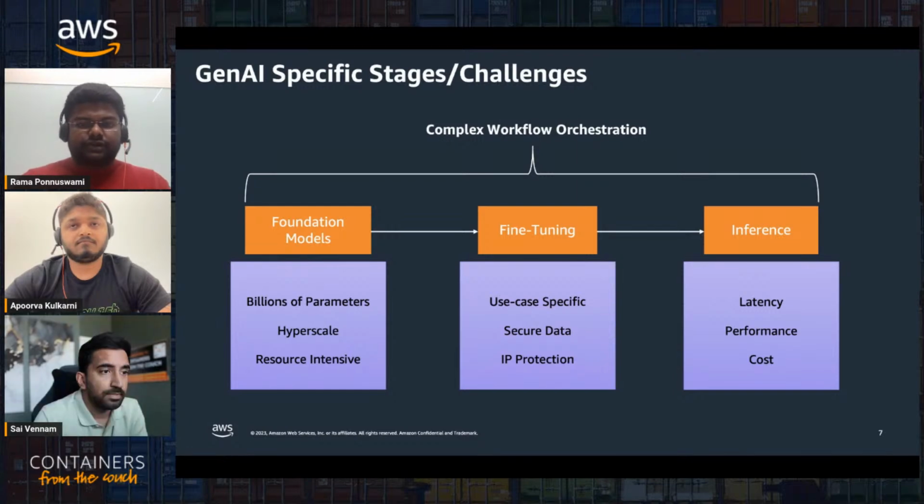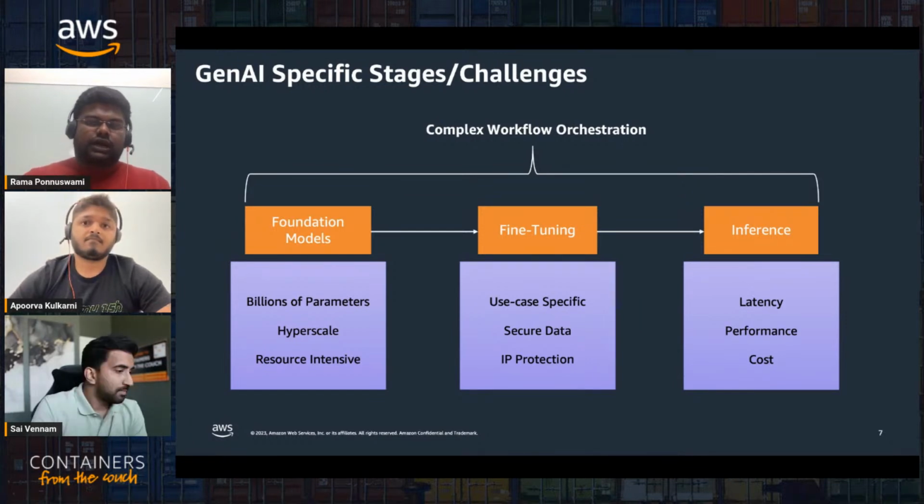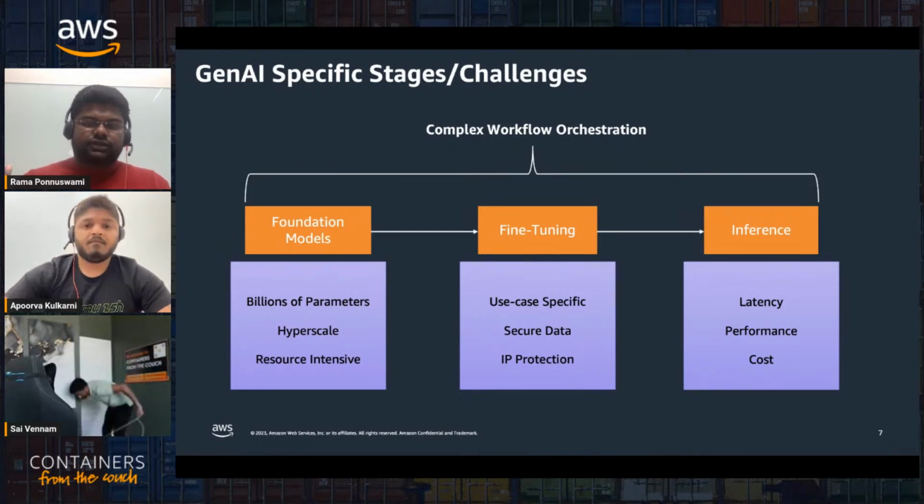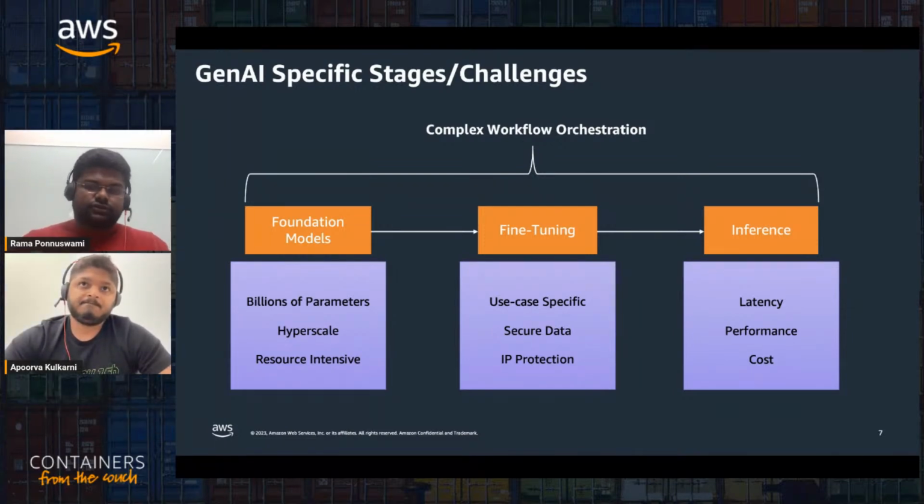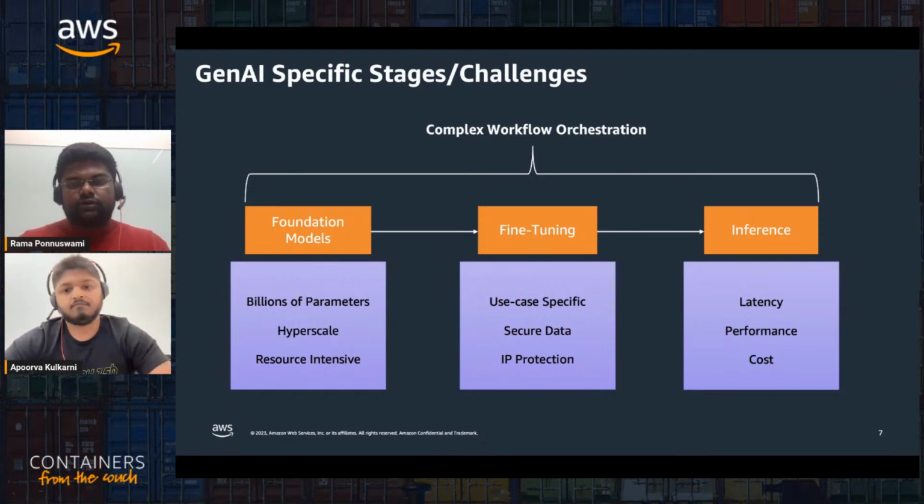Fine tuning is resource intensive as well. But considerations that come into the picture are: how do I securely move the data to fine tune that model, because usually this will be proprietary data that you're using to fit it to your own needs? And how do I protect the intellectual property of my data, and the model that I've trained using my own data?